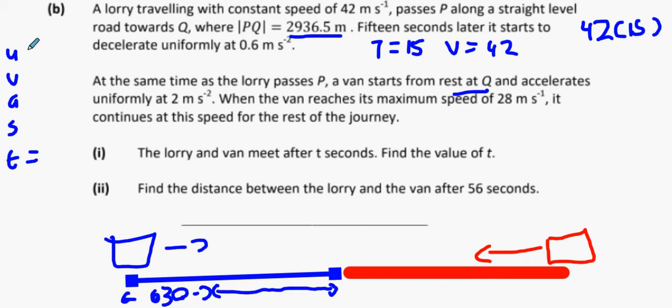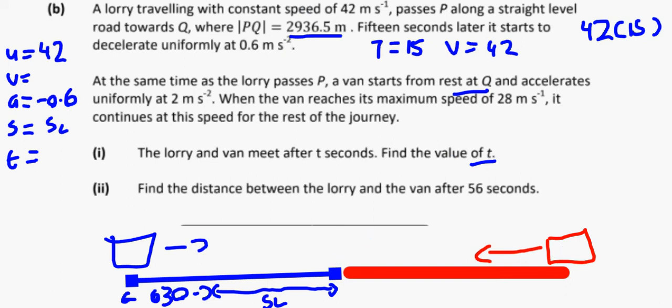Okay? So, after 15 seconds, we're at 42. Okay? And our acceleration is minus 0.6. And our S value is S lorry, we can just call it S subscript lorry, okay? And the time frame is your total time of when the two of them meet each other.